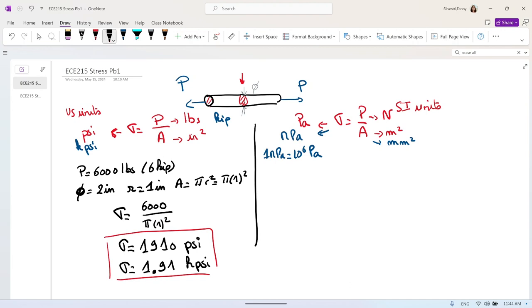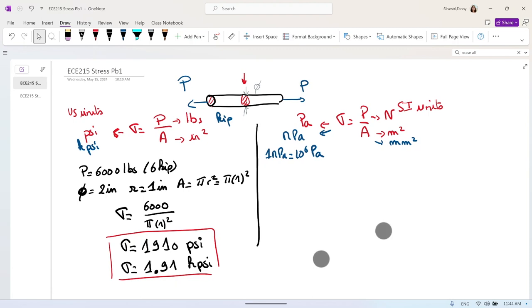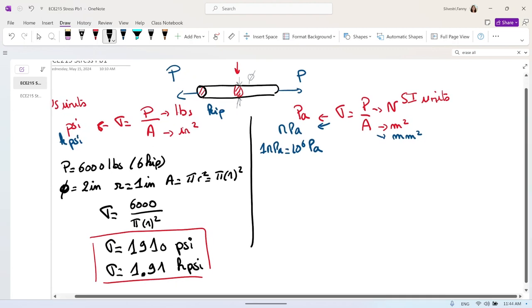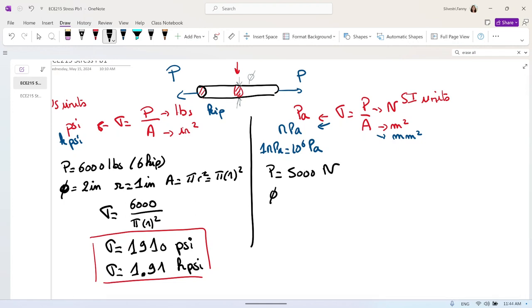Let's do an example with international units. Let's say we have a P of 5,000 Newtons, and we have a diameter of 5 centimeters. We will go with megapascals, so we need to use millimeters. So convert first to millimeters: the diameter equals 50 millimeters.